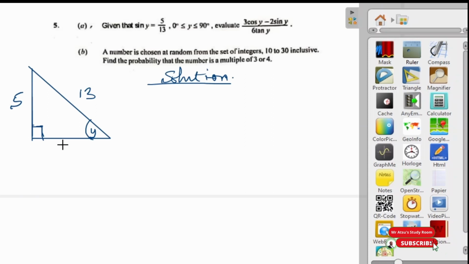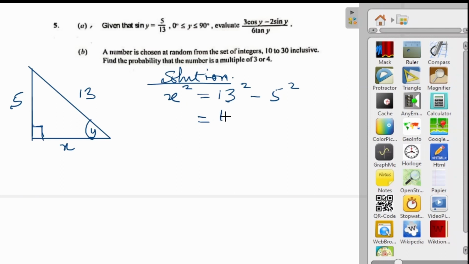And whenever we have a right triangle, 2 sides given and a side missing, it will be easier for us to use the Pythagorean theorem. So by using the Pythagorean theorem, which says that for any right triangle, the sum of the squares of the 2 other sides will be equal to the square of the hypotenuse. So this one will have x squared being equal to 13 squared minus 5 squared, because the 13 is the hypotenuse.